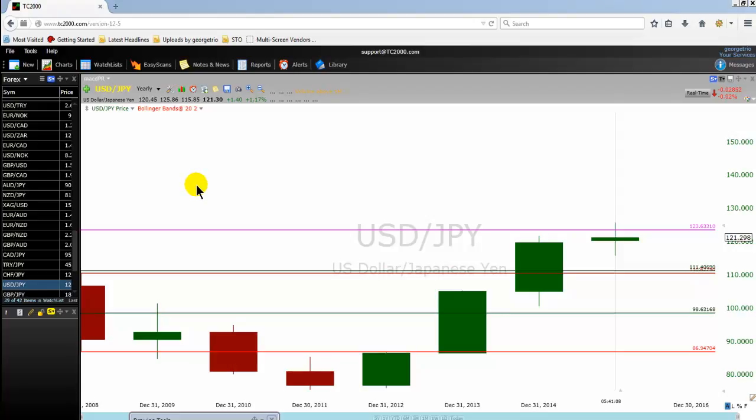So if you are a new Forex trader or a beginner Forex trader, you need to understand, if you are trading the dollar yen, that there are many trading robots, trading software, that are used to trade the dollar yen, okay? So you are not trading against real human beings, you are trading against the machines. It is crucial that you know that. Otherwise, you are likely to make a lot of mistakes. And we don't want to make mistakes. We want to make the right decision.